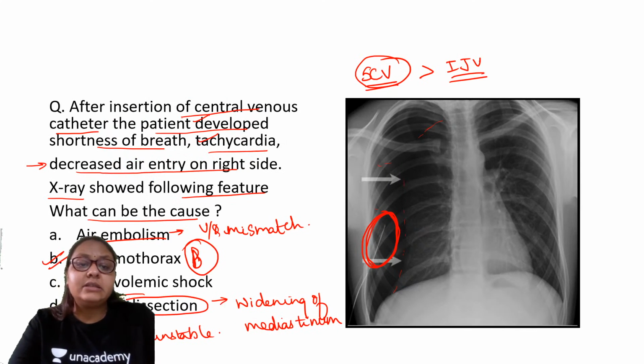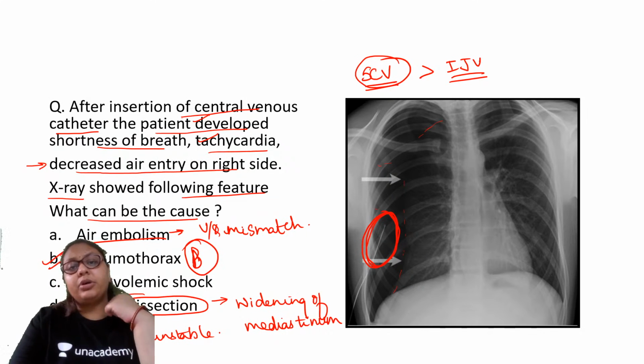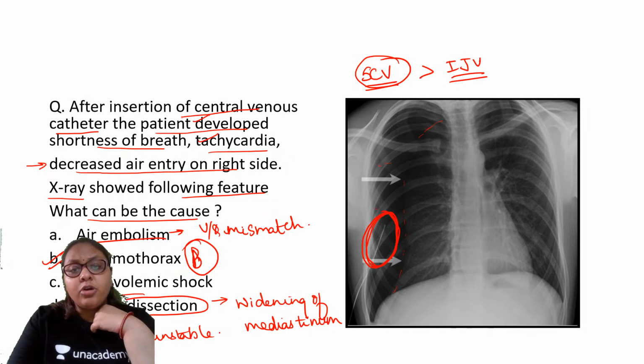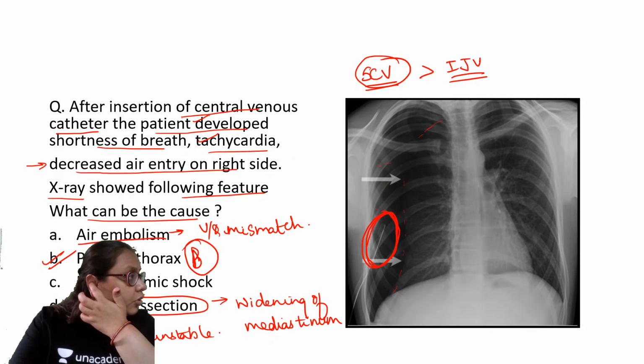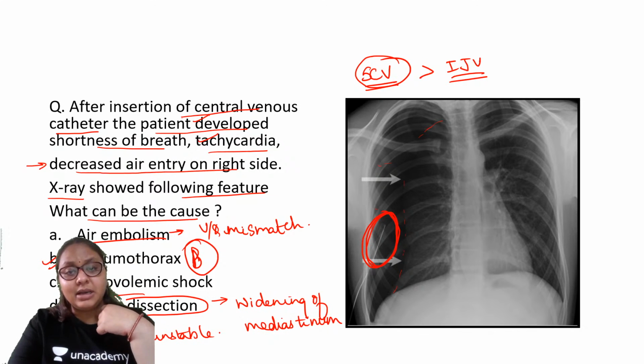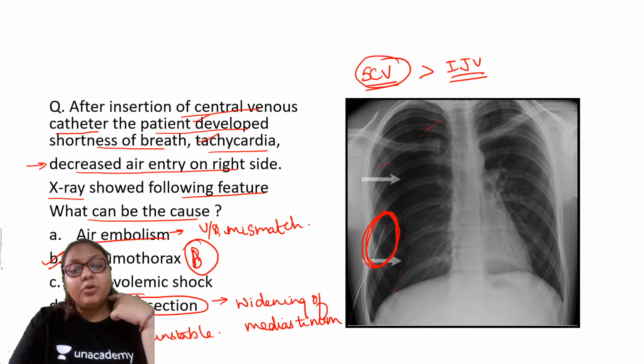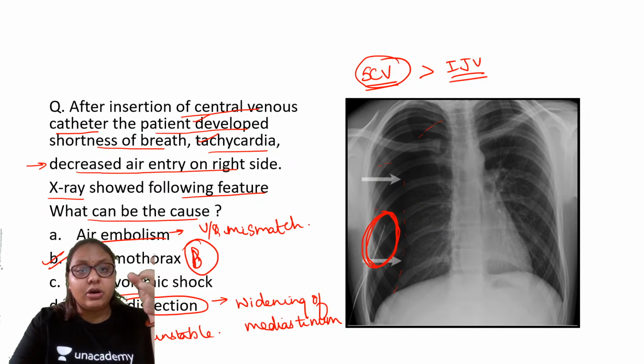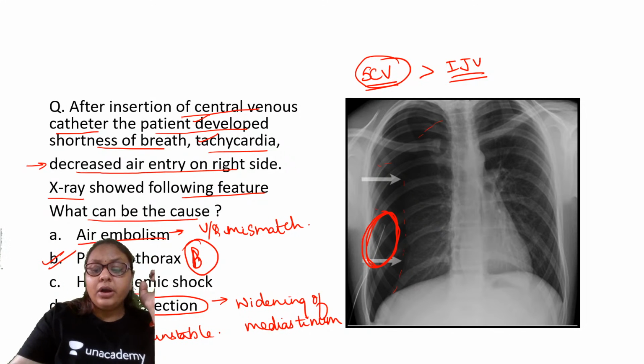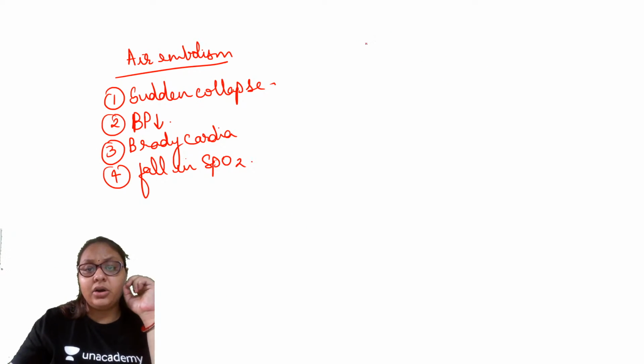After insertion of the central venous catheter, lung injury is more common if we cannulate the subclavian vein. It is more prone to cause injury to the apex of the lung and cause the pneumothorax. और इसमें अल्ट्रासाउंड फाइंडिंग क्या होता है in pneumothorax?